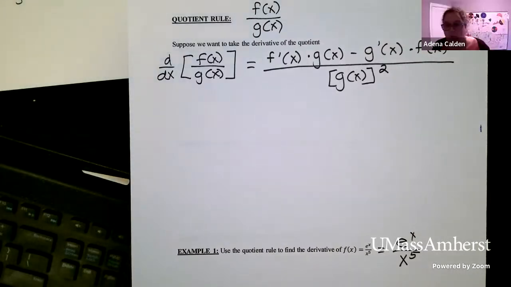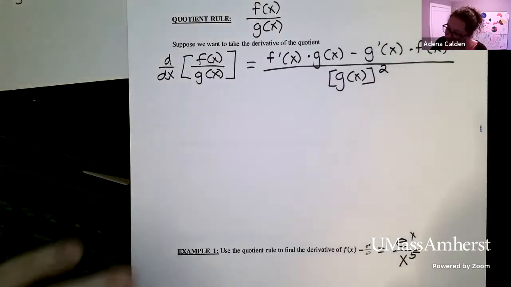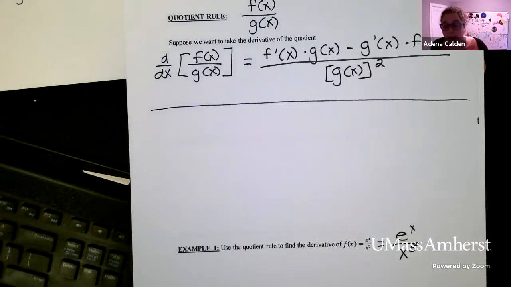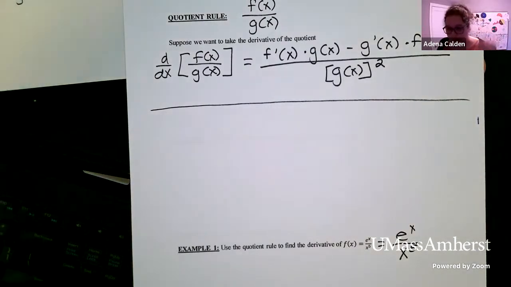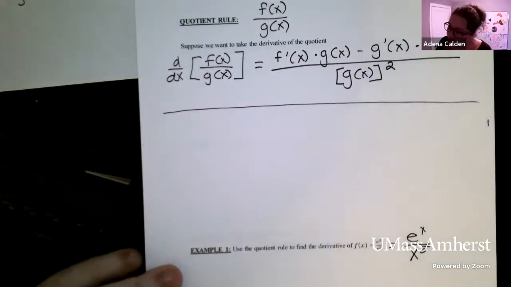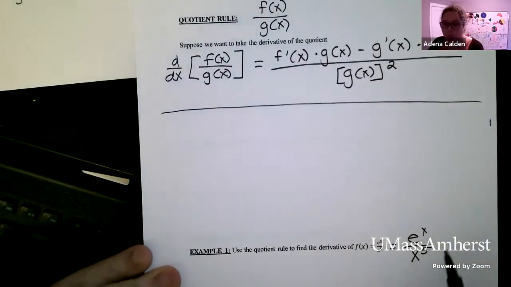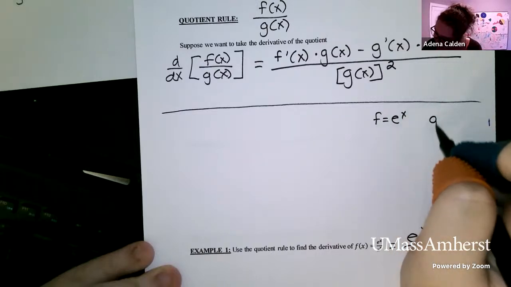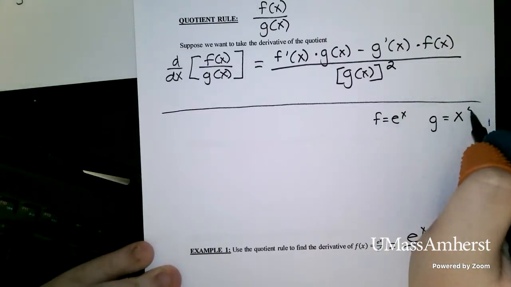So we're going to walk through, make sure we understand how this formula works, so that we can see it in action. So once you realize that you're doing a quotient rule, you have one function over another one, we're going to start the setup the same way. So we're going to pick our f and our g, where f is the top function and g is the bottom function. So f is e to the x and g is x to the fifth.